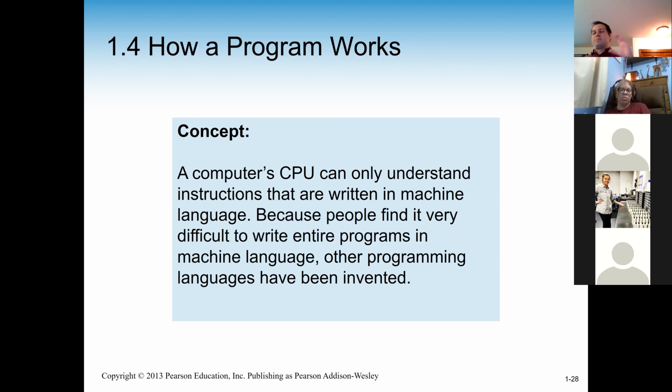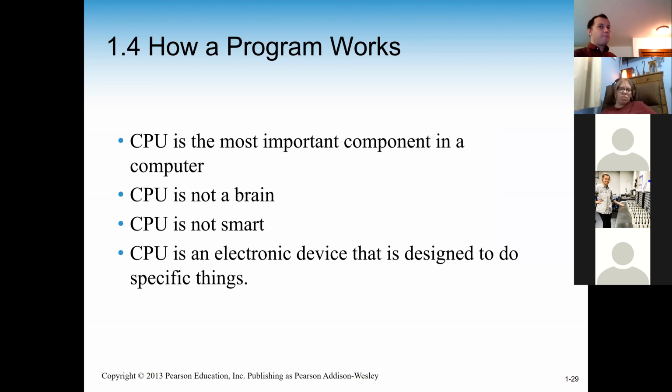You write programs that need to be converted into that sequence. That's what this is saying. The problem is people find it very difficult to write an entire program in machine language. It would be very difficult to say, I'm going to do XC20, XC35. So you have higher level languages that are more human readable. And that's why we have so many programming languages.